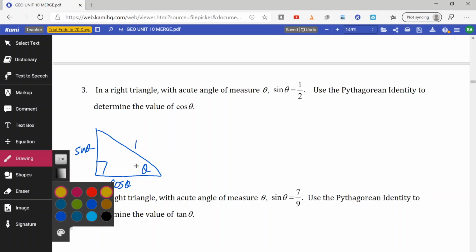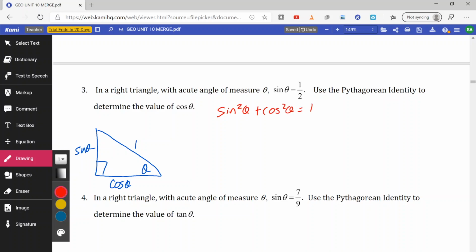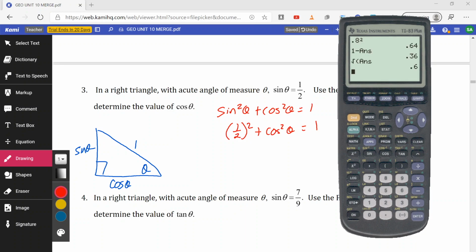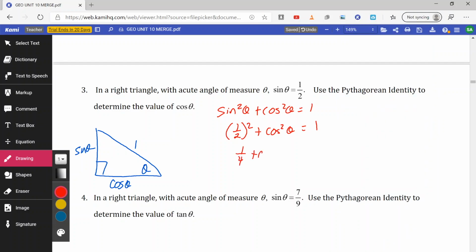The identity states sine squared theta plus cosine squared theta gives me 1. So sine of theta being 1/2 means I have 1/2 squared plus cosine squared equals 1. When I square 1/2, I get 0.25, which as a fraction is 1/4, so we have 1/4 plus cosine squared theta gives me 1.